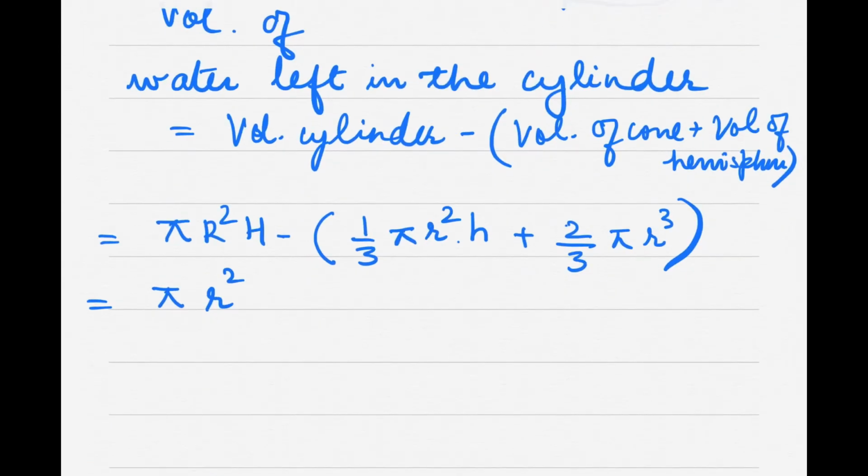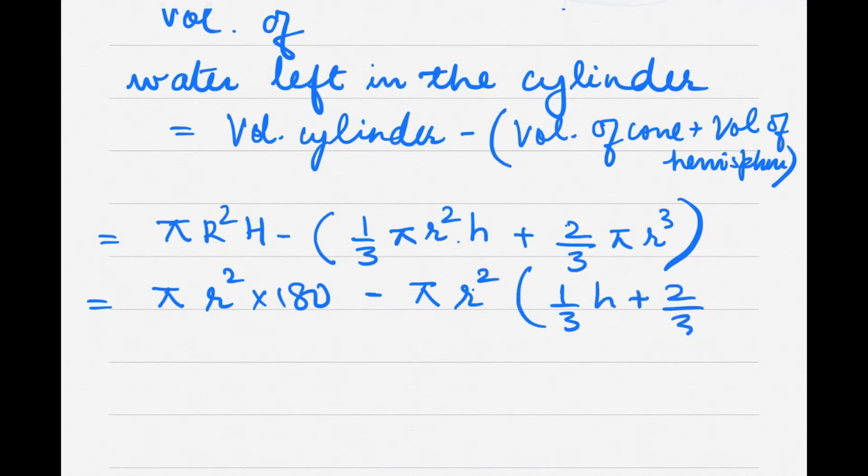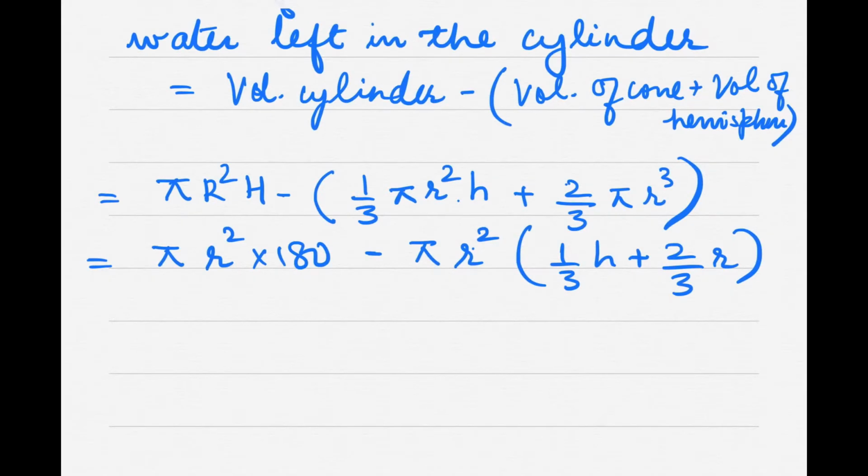So 180 minus, now pi I can write outside, and r square also, because r is the same in both of them. So what will be left? 1 by 3 h plus 2 by 3 r. Correct? So I think this is fine now: 1 by 3 h, pi r square here, pi r square here.